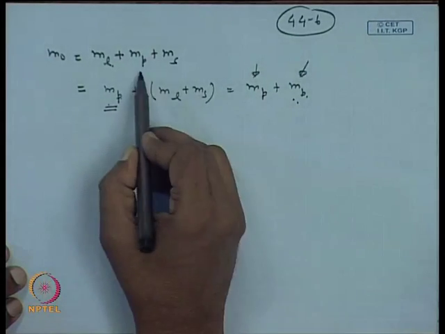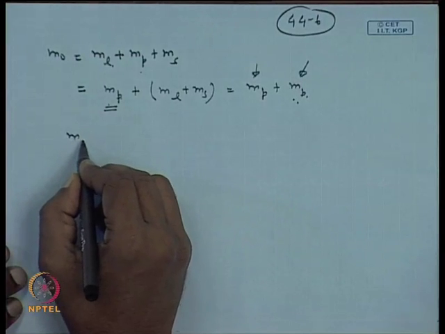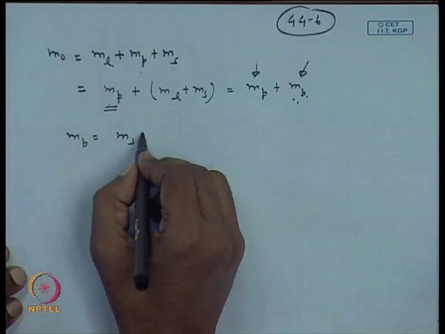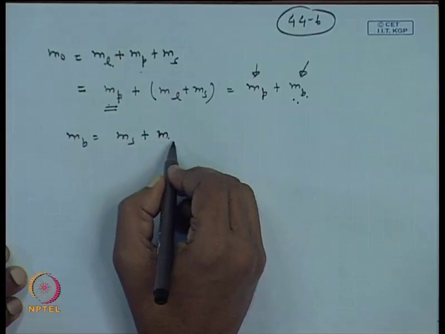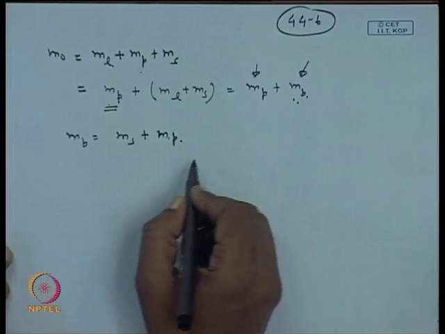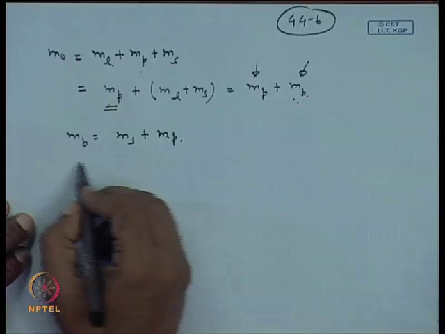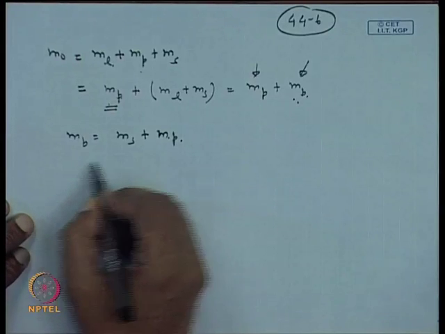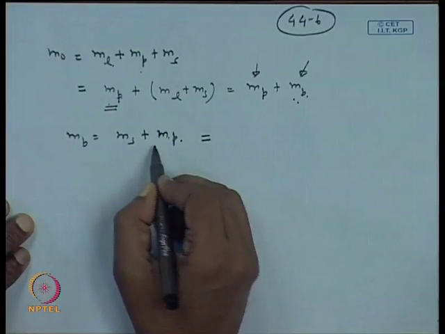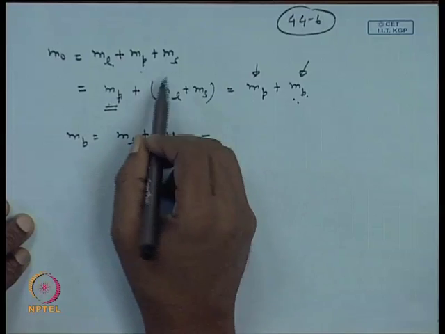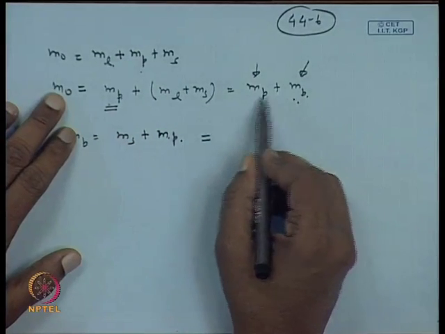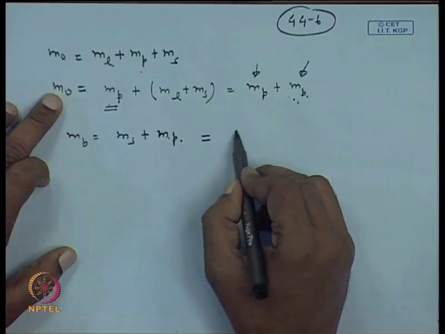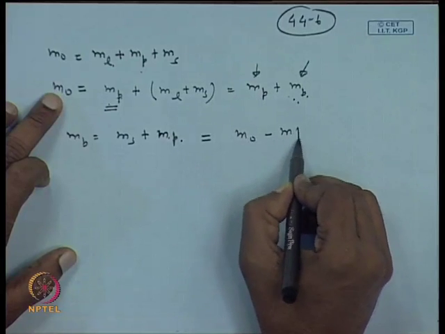So, m_b is nothing but m_p plus m_s. So, what we have written here, m_b is m_s plus m propellant. And therefore, this we can also write as m_0. So, m_b can be written as m_0 minus m_p.